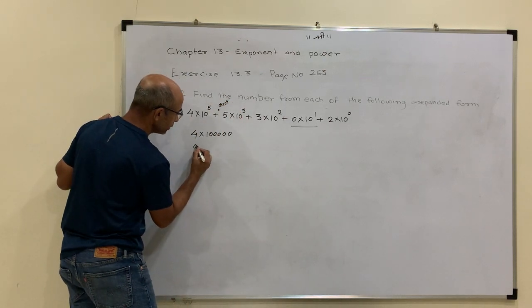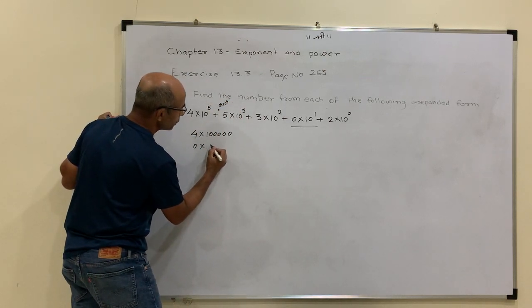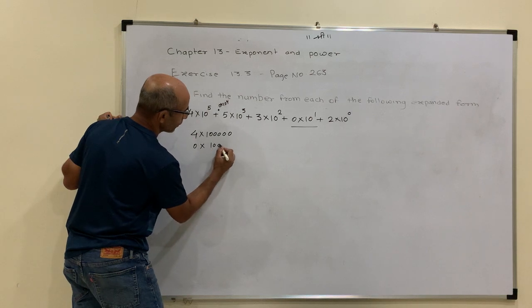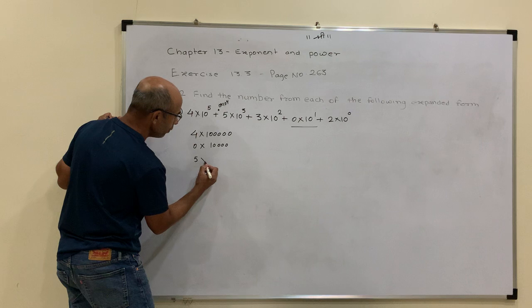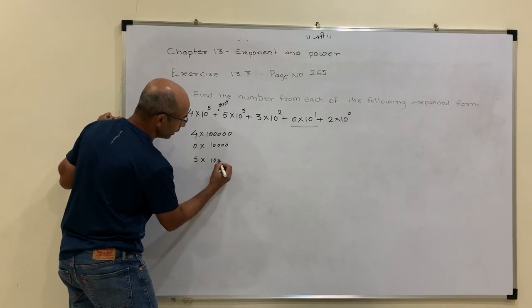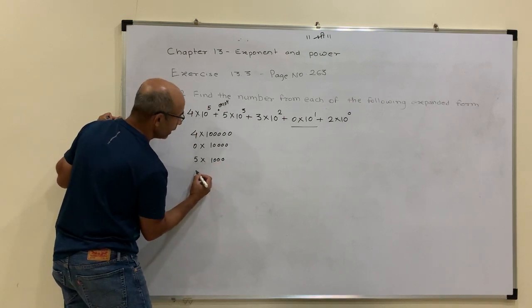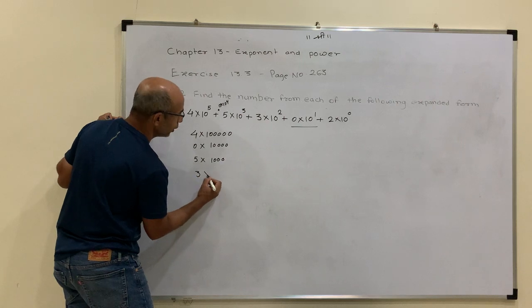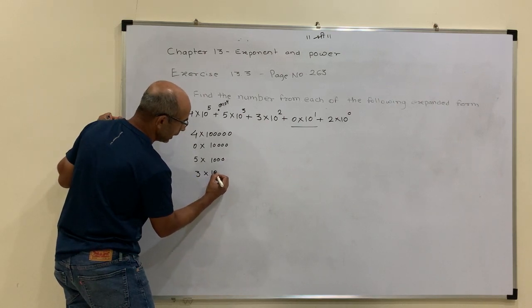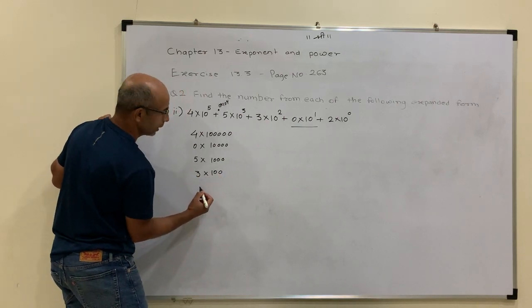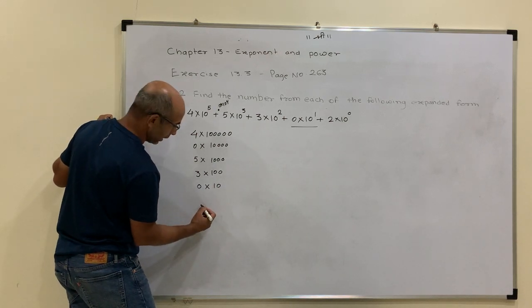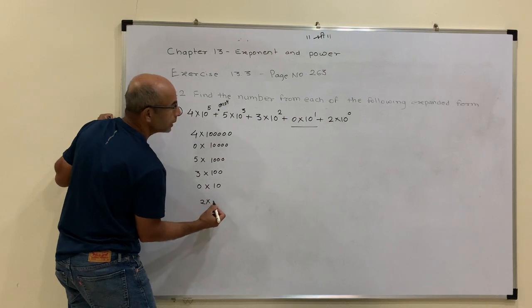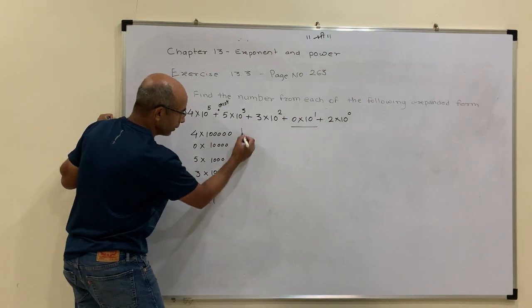So I write here 0 into 10 raised to 4, that is 10,000. Now I write 5 into 10 raised to 3 is 1000. Then 3 into 10 square is 100. Then 0 into 10. The last one, 2 into 10 raised to 0 comes up to be 1.